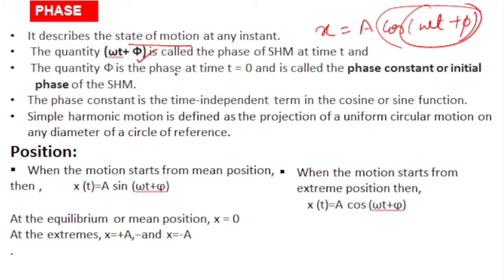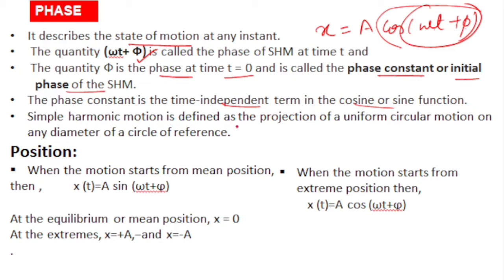And the quantity phi is the phase at time t equal to 0, called the phase constant or initial phase of the simple harmonic motion. This phase constant is the time-independent term in the cosine or sine function. This initial phase does not depend on time, it is at time t equal to 0. That's why it is called phase constant or initial phase. It is independent of time, right?